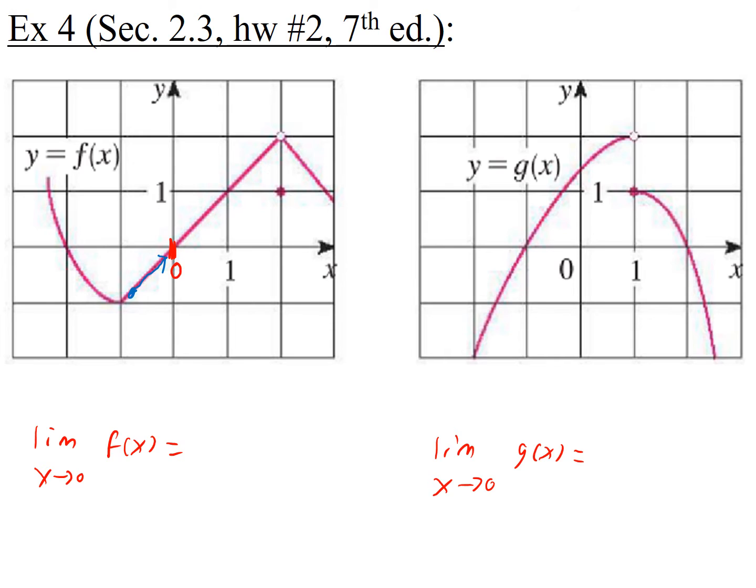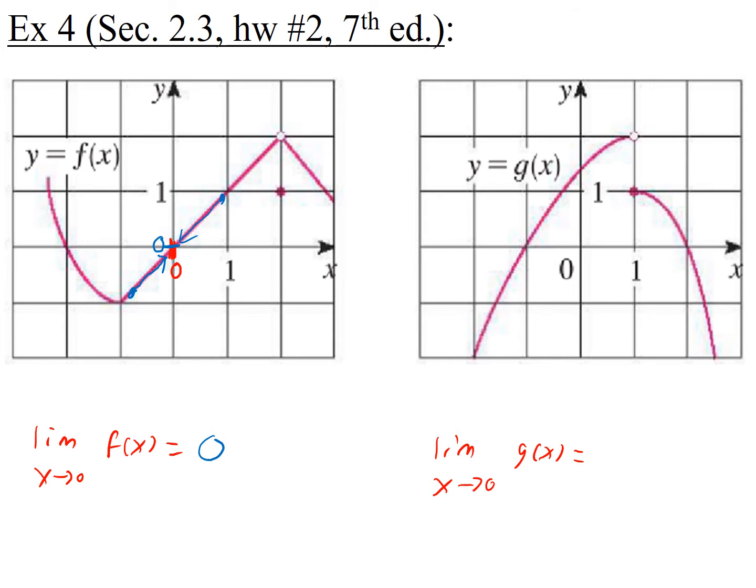Looks like they're going to 0, because this y coordinate here is 0. All right, if you start on the right side to do the right hand limit, let's say we start here, and again, you head towards x equals 0. So you head this way. Again, looks like the y coordinates are headed to 0. So the left hand limit is 0, the right hand limit is 0, so the full limit is 0. So that limit exists, so that's good.